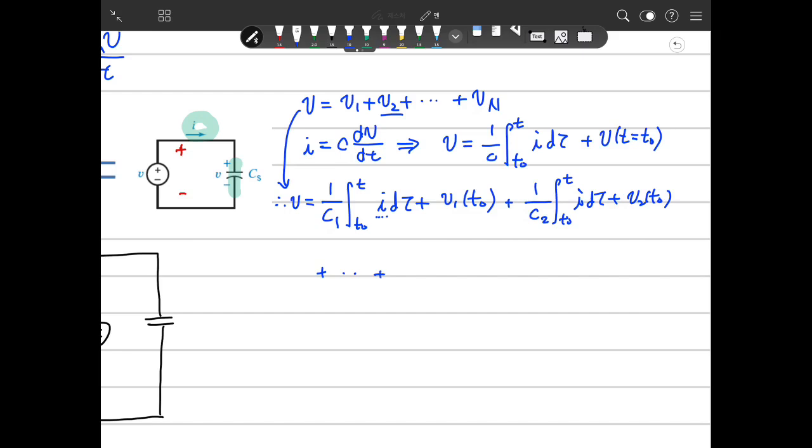The same way, 1 over Cn integral from t0 to t of I dτ plus Vn(t0).